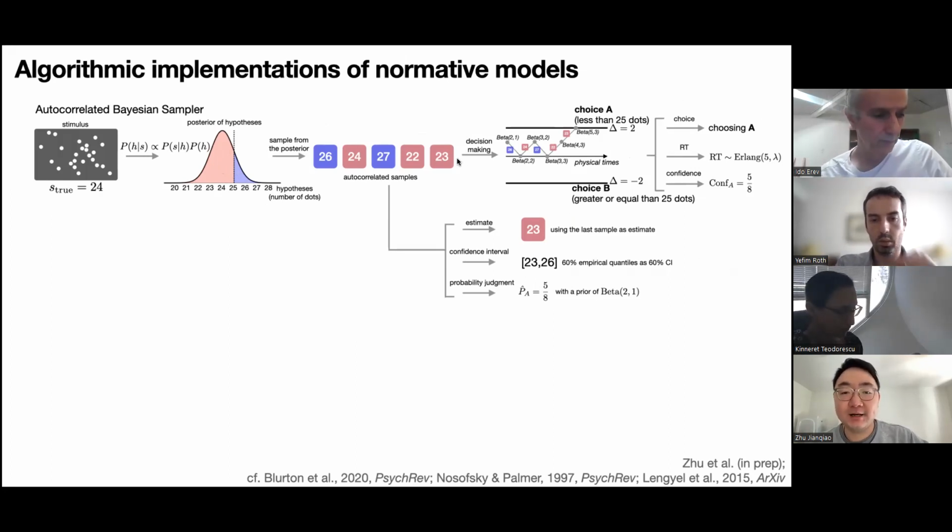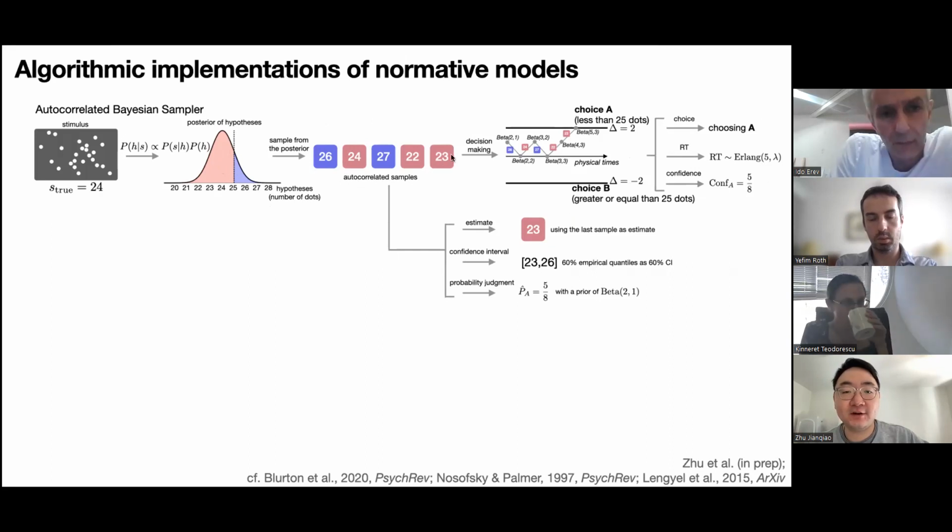And then essentially we just transfer all these hypothesis samples into evidence that supports each choice. So I've basically color-coded all the samples.